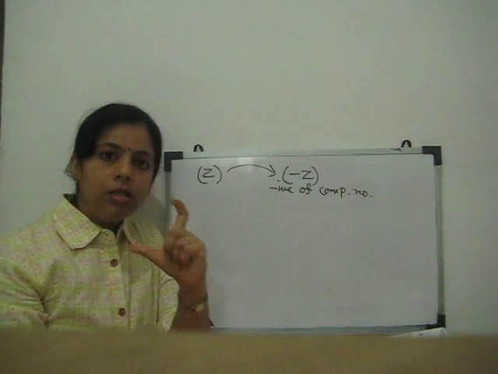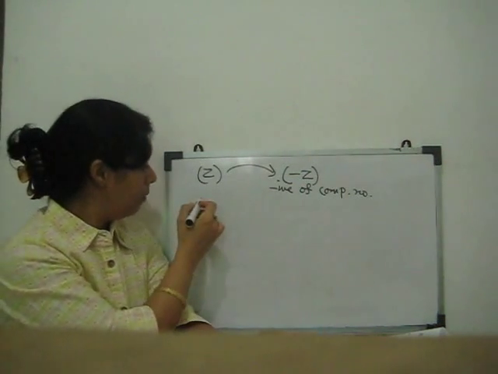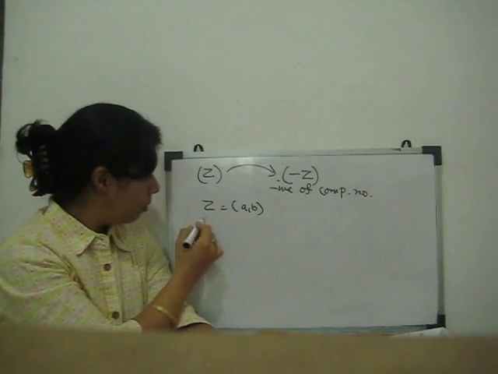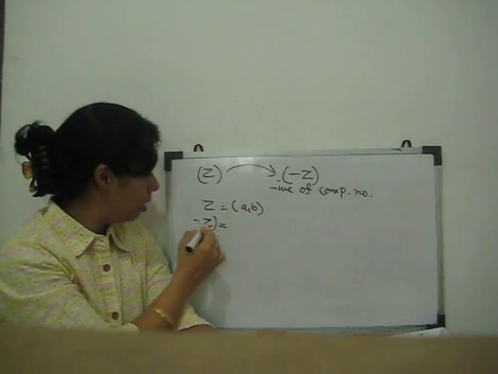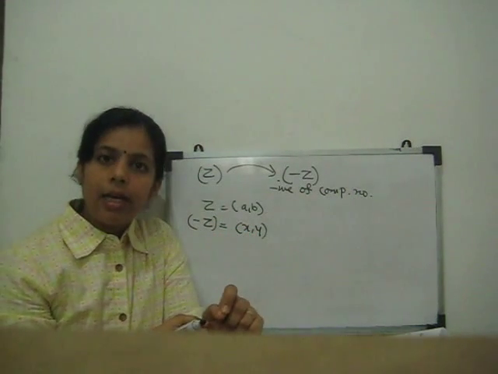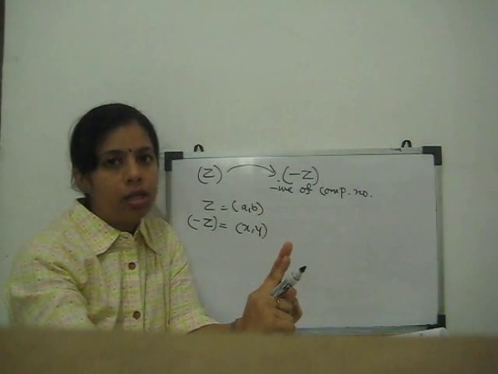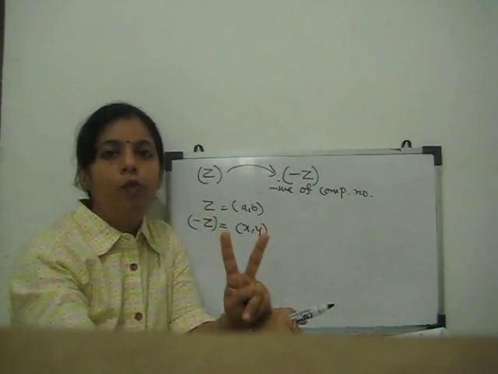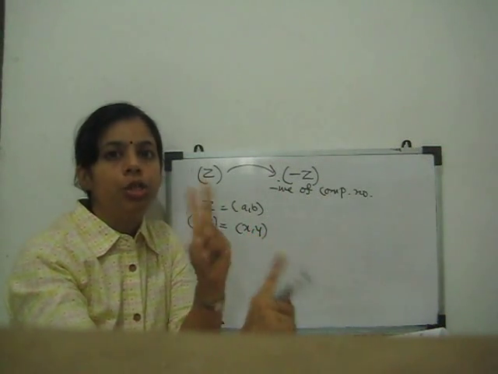So what is minus z? Say z is (a, b) and minus z is another number (x, y). In the real case, if one number is 2 and its negative is minus 2, the addition of 2 and minus 2 gives 0.